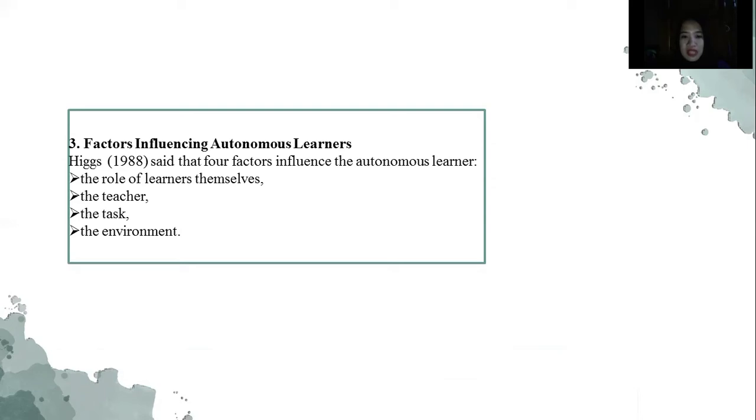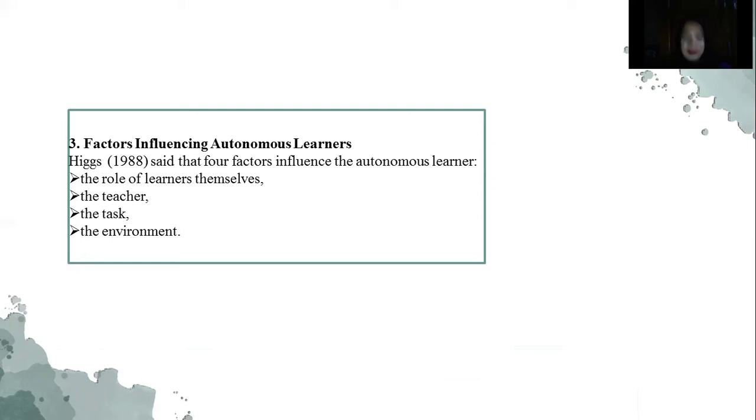This process creates autonomous learners. And then the task. In this case students will get a lot of tasks to be done. If the students are autonomous learners, he or she can do a lot of exercises.